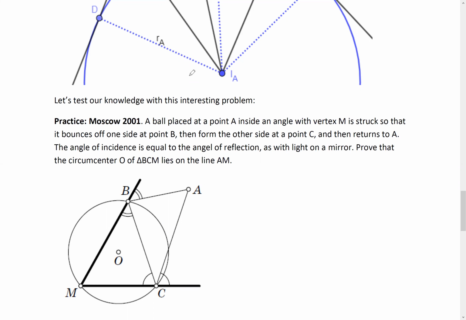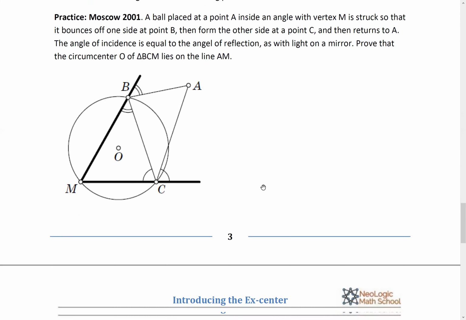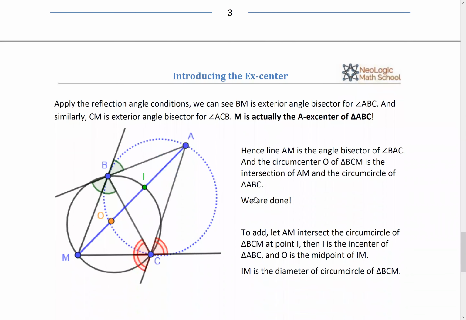All right, now, if you have tried enough time, I hope you solved it, and here's the solution. If you extend AB, this angle equals this, the opposite angle, but then equals this. It's because it's bouncing off the wall.